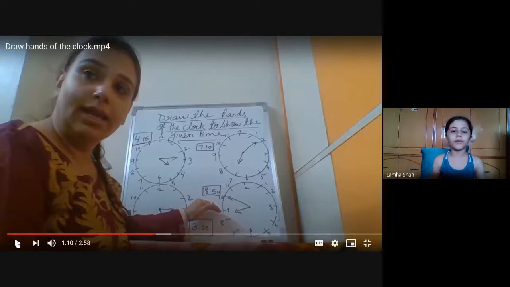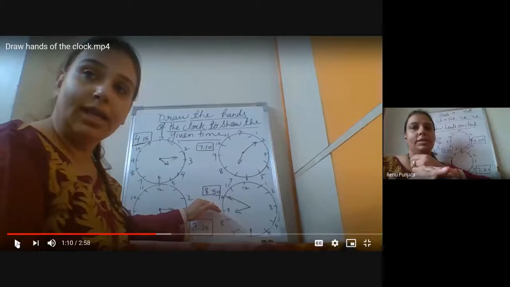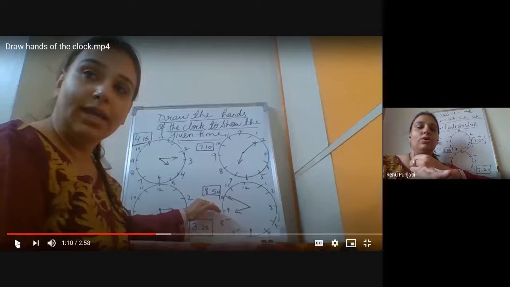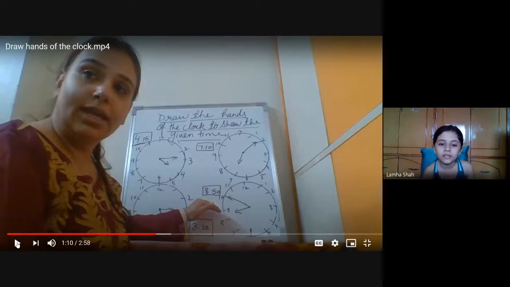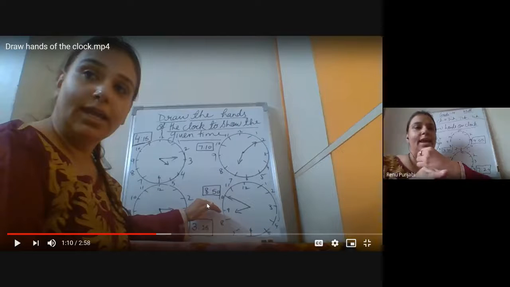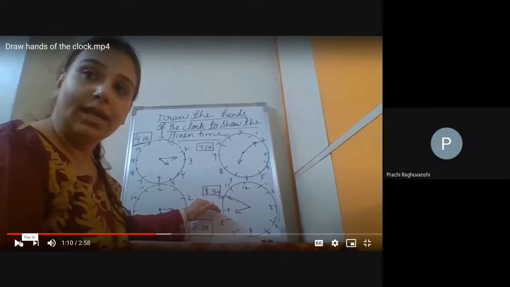And the long hand will be on 10. Yes. Why 10? Because it is 8:50. Can you expand and tell me why 10? Because it is in the 5 table. Yes, we will count the table of 5.